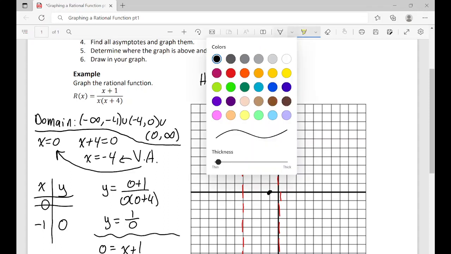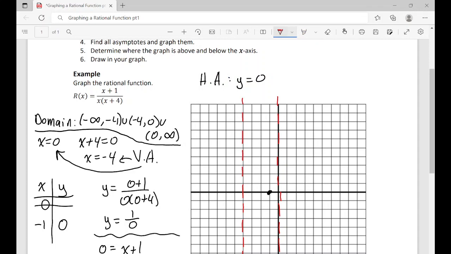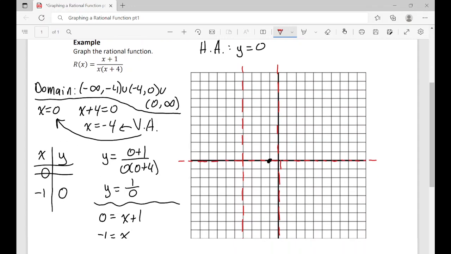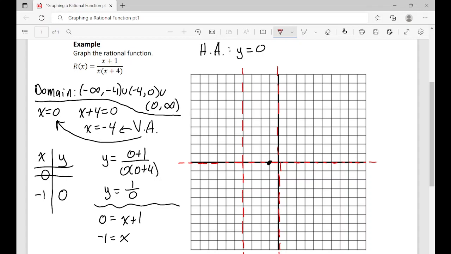So that's a nice easy one. I can just draw a red dotted line, y equals 0. Pretty darn good.